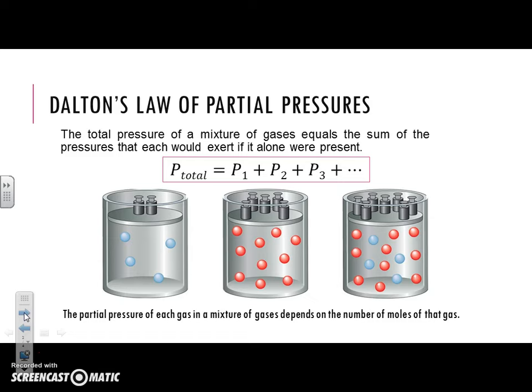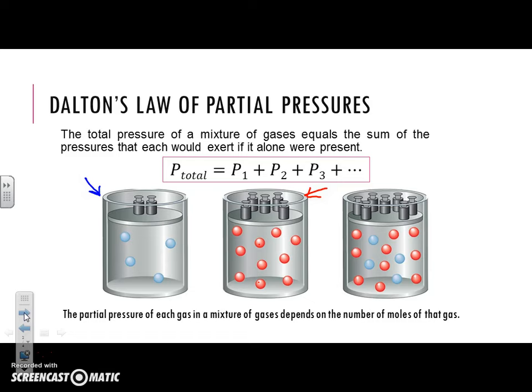So in this example, you can see that if we have 4 little blue molecules over here, they need 2 weights to balance the pressure and the volume. If we look at 1, 2, 3, 4, 5, 6, 7, 8, 9, 10 red molecules, they need 5 weights to balance their weight.